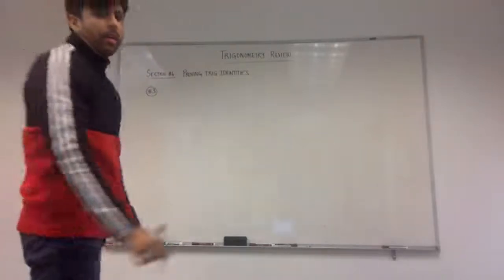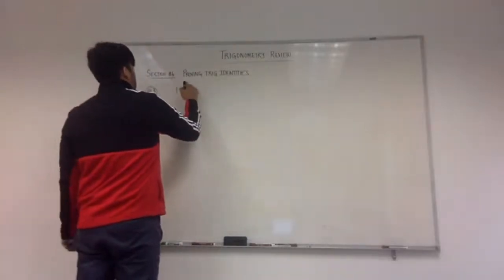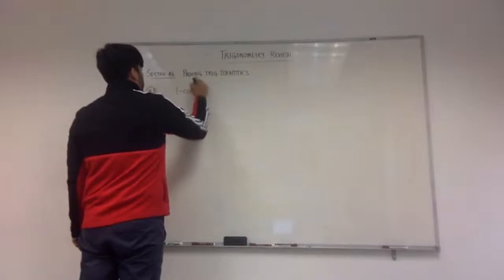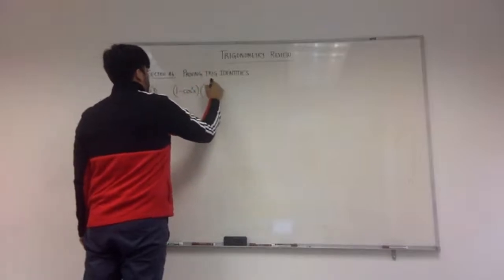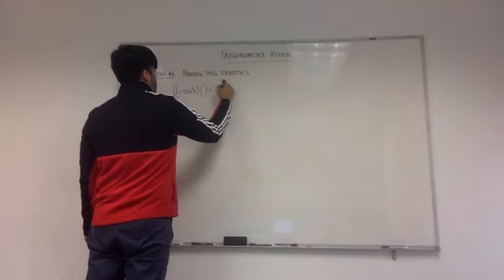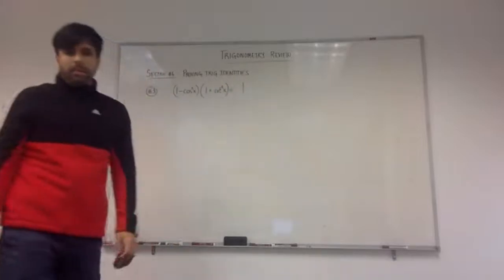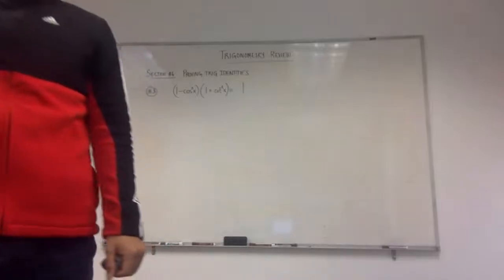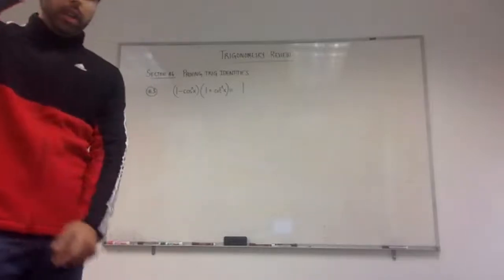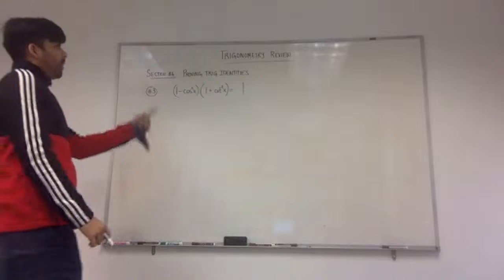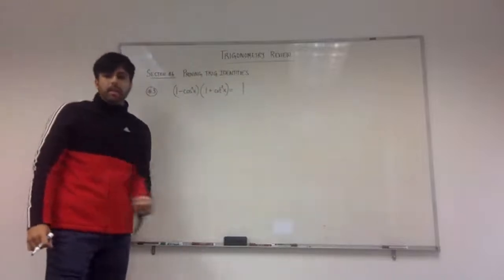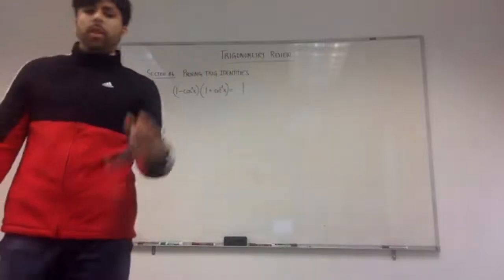So number 3, we have 1 minus cosine squared x, parentheses, 1 plus cotangent squared x, this equals 1. So I want to show that 1 minus cosine squared x times 1 plus cotangent squared x is the same thing as, or equals, 1.